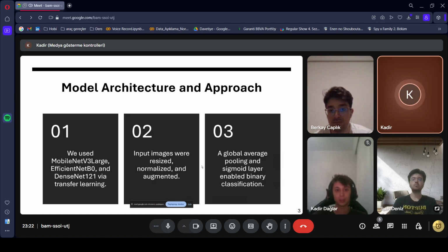We reused the convolutional layers from these models, all pre-trained on ImageNet, and added custom layers for binary classification. To enhance generalization and reduce overfitting, we applied data augmentation techniques such as rotation, flipping, zoom, and brightness adjustment. The final output layer uses a sigmoid activation, which allows the model to predict the probability of an embryo being good or not good.